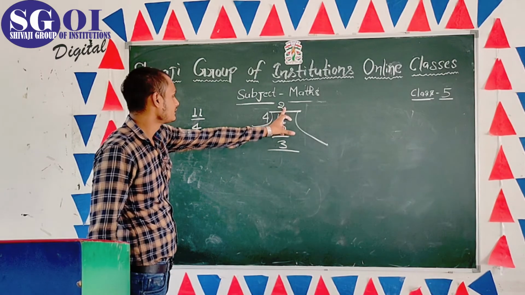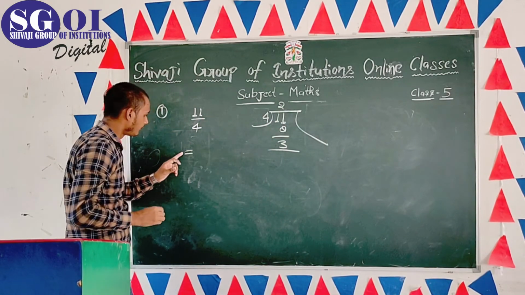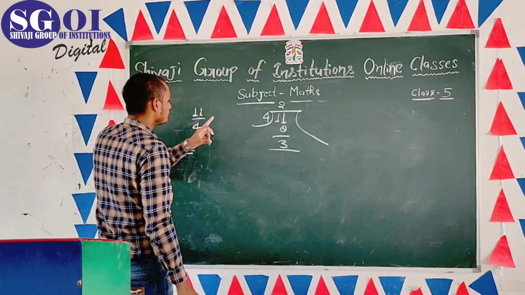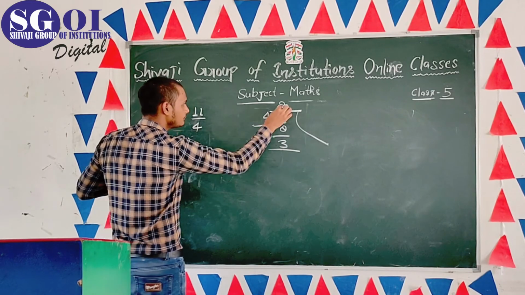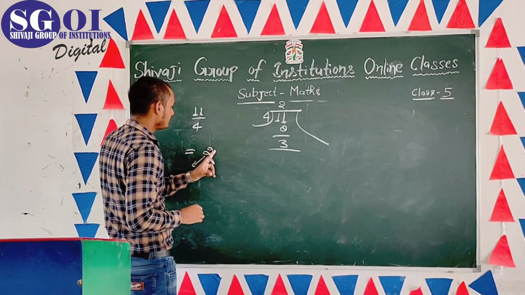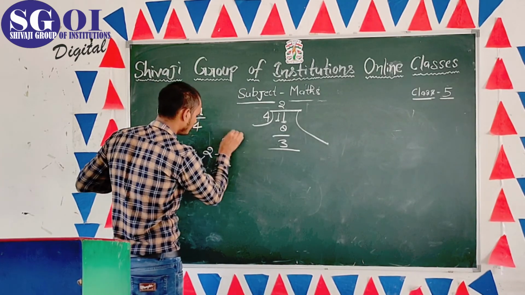Okay, students. So we form it into a mixed number. 4 2s are 8, so the whole number is 2, and the proper fraction is 3 upon 4.